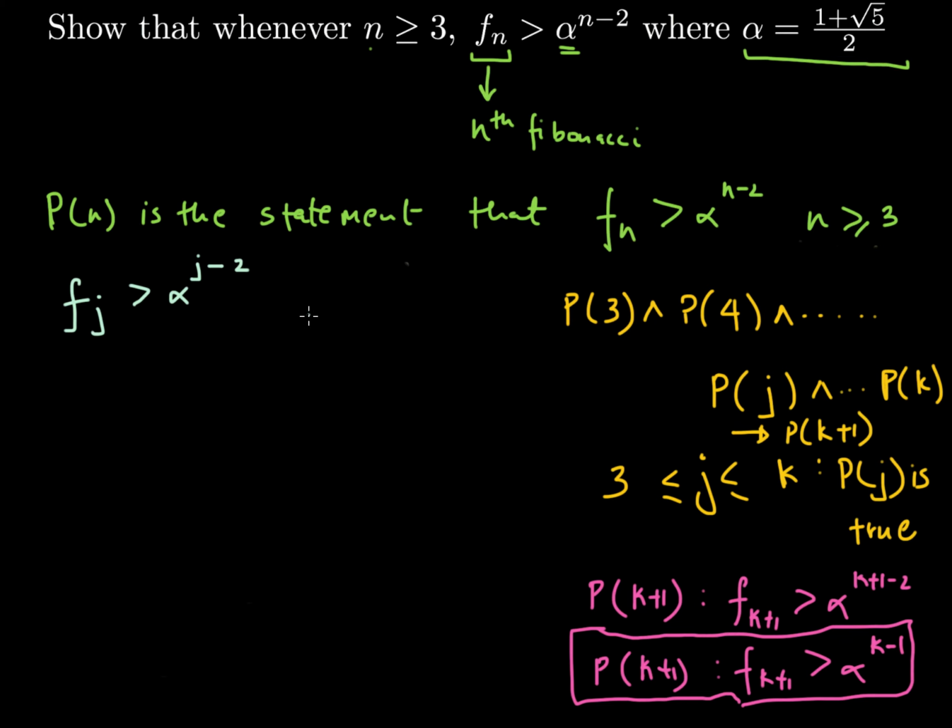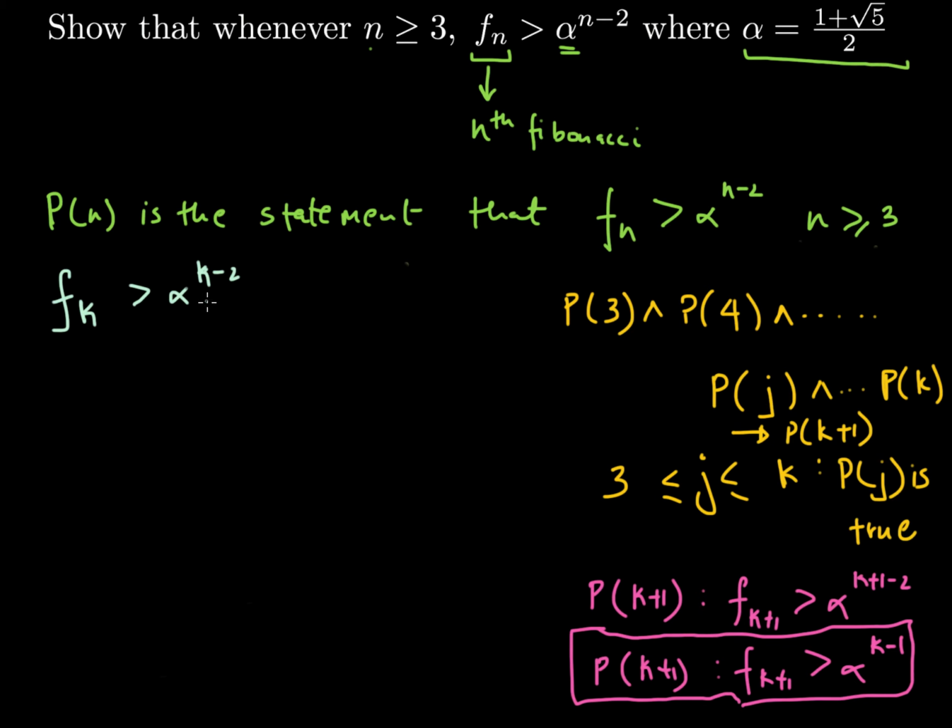Now, instead of using j here, let's just make sure this is k. Let's just make that change here. Let's make it f of k. Okay, I'm just making sure I'm looking at the very last item here, so let's make it k minus 2. Okay.